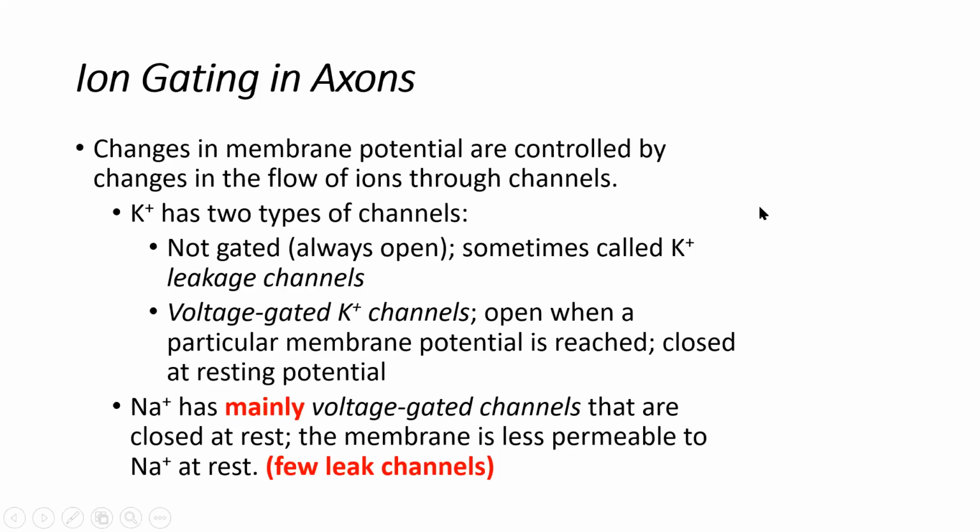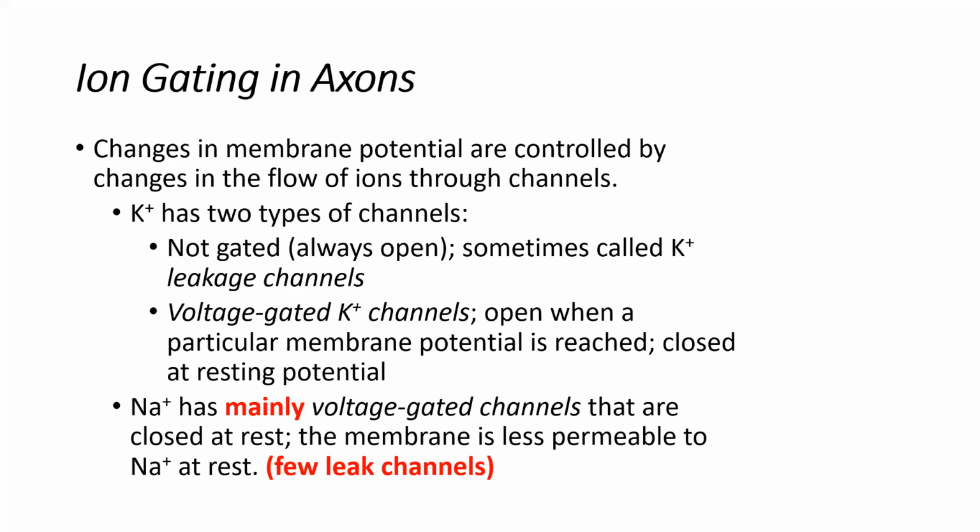Let's look at the gating mechanisms as far as the channels are concerned. So let's first talk about the actual channels that are involved here. For potassium, we've got leak channels, which we talked about before. They're always open. They're contributing to the resting membrane potential.